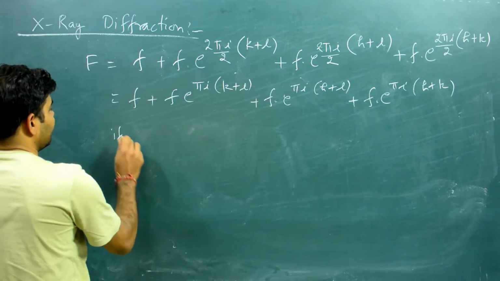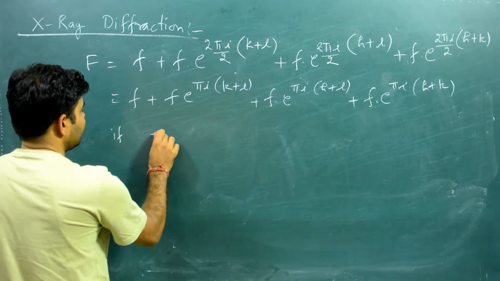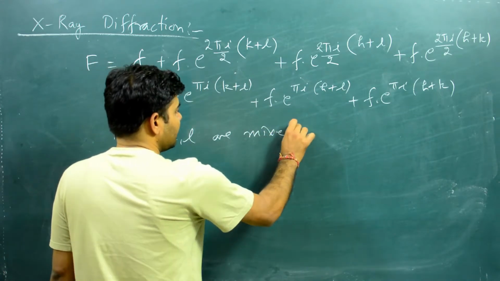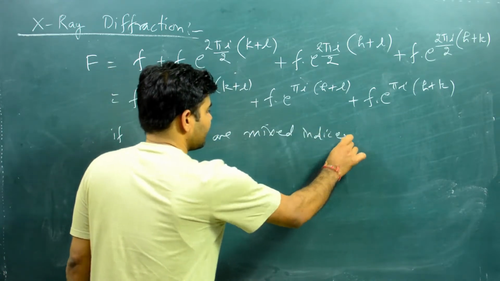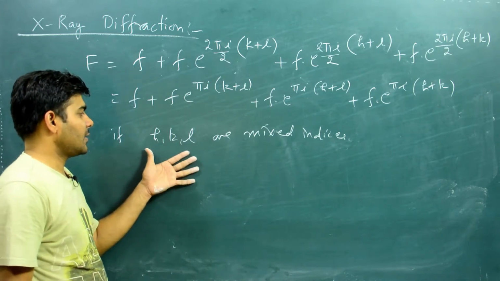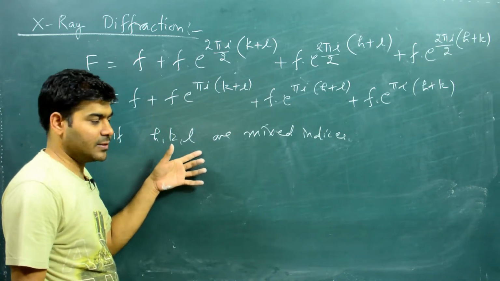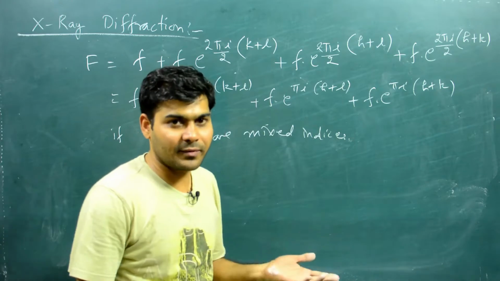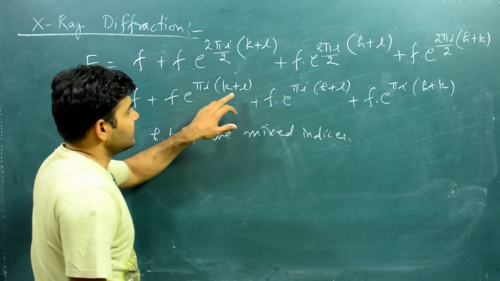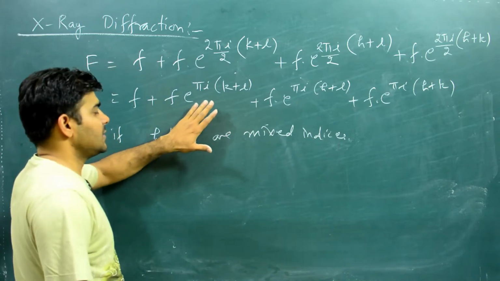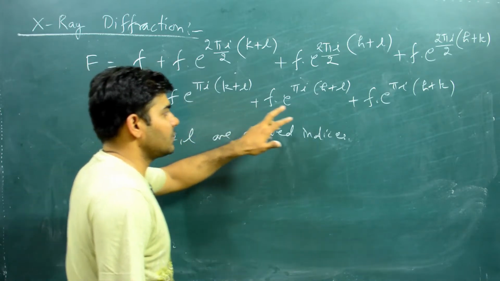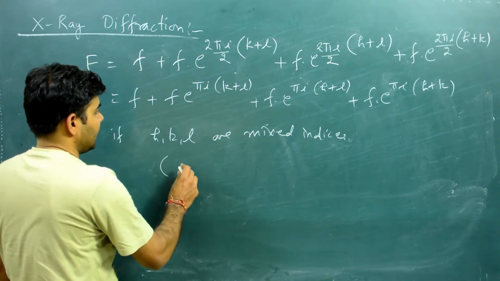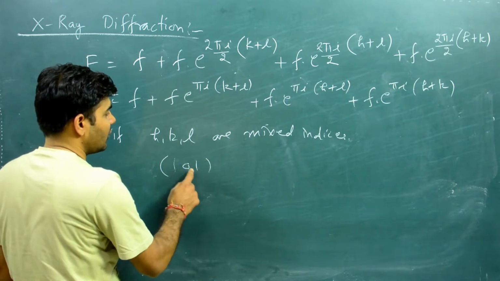So if h, k, l are mixed indices, meaning of mixed even and odd nature, let's say one is odd and the other two are even, then out of these three terms, one will be positive and the other two will be negative. For example, take 1 0 1, where 1 is odd and 0 is even.